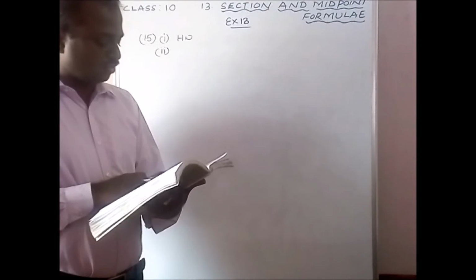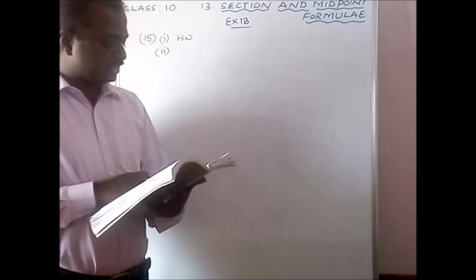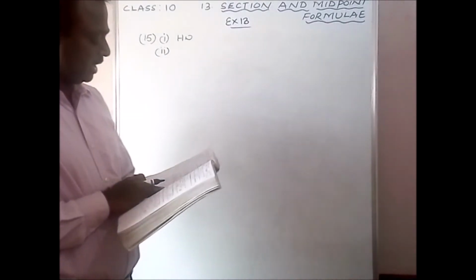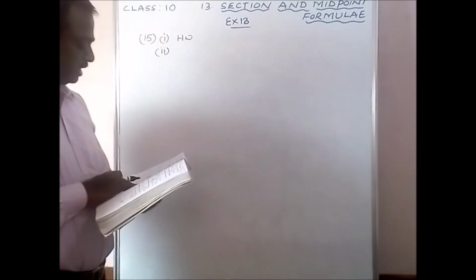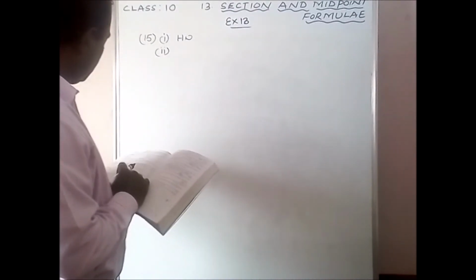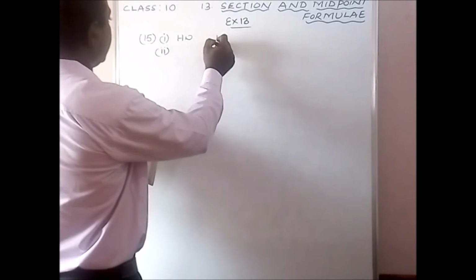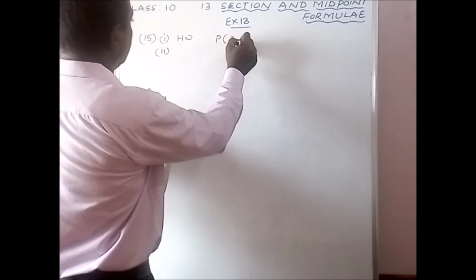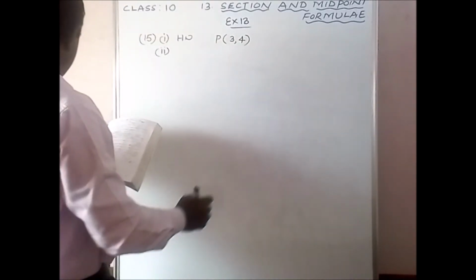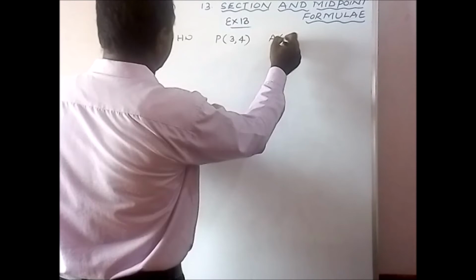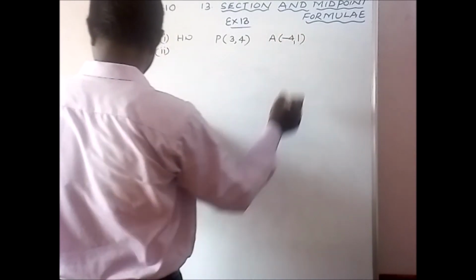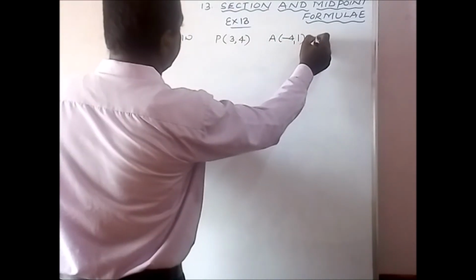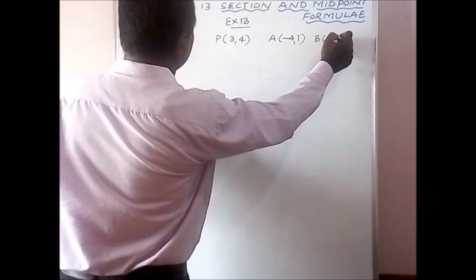Now I will take the second part of the 15th sum. Calculate the distance OP, where O is the origin. By doing the first sum you will get the point P, that is (3, 4). A is given as (-4, 1) and B is given as (17, 10).